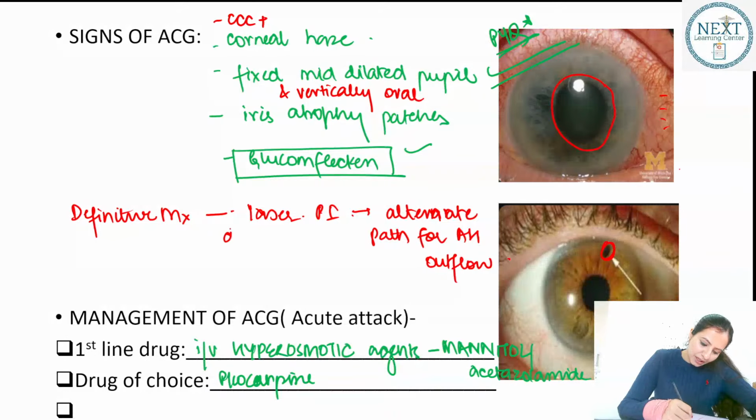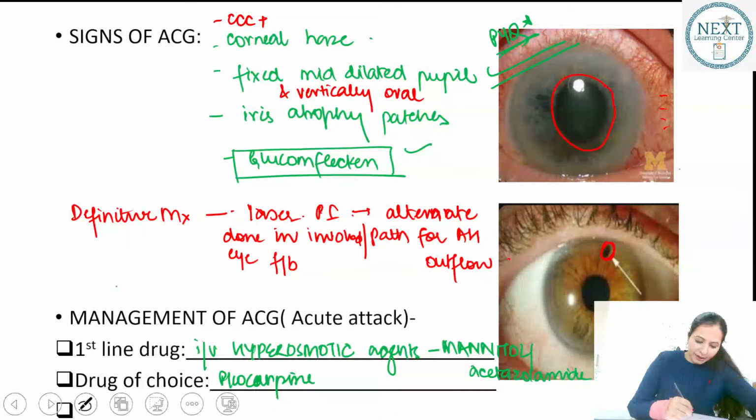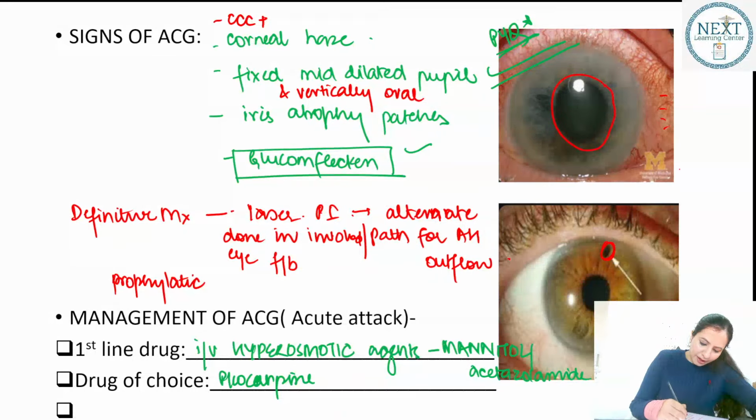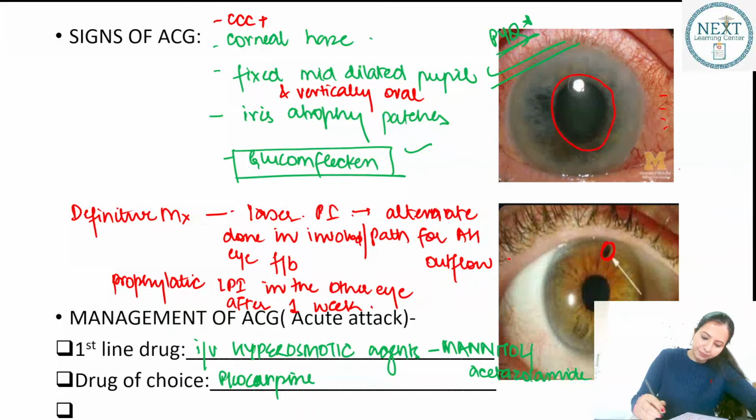This has to be done in the involved eye and has to be followed by prophylactic laser peripheral iridotomy in the other eye after 1 week. So this is how you manage.